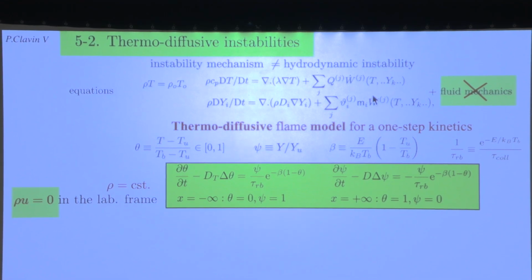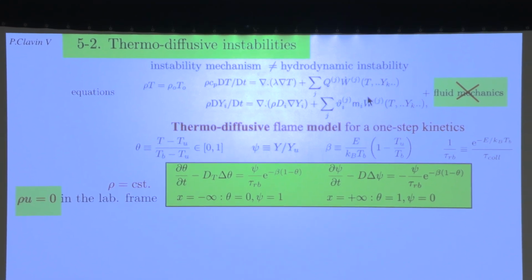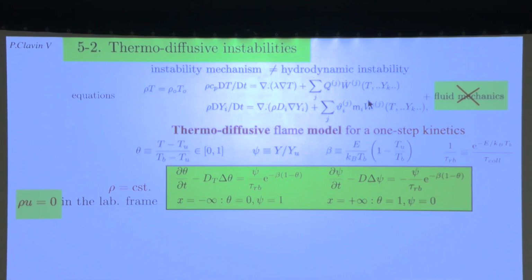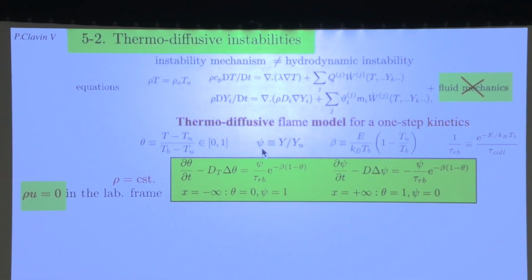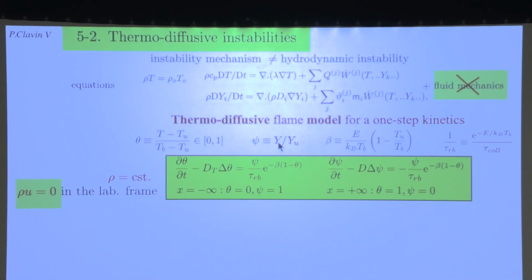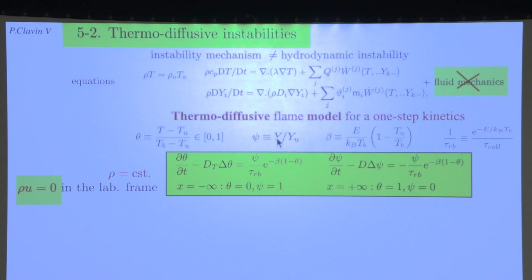But I will start with the one-step reaction model in such a way that I define the progress variable, which is the mass concentration of the limiting species divided by its initial value in the fresh mixture.